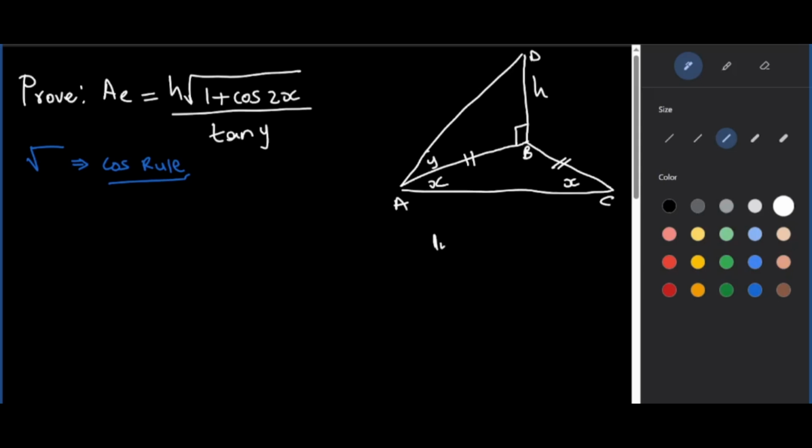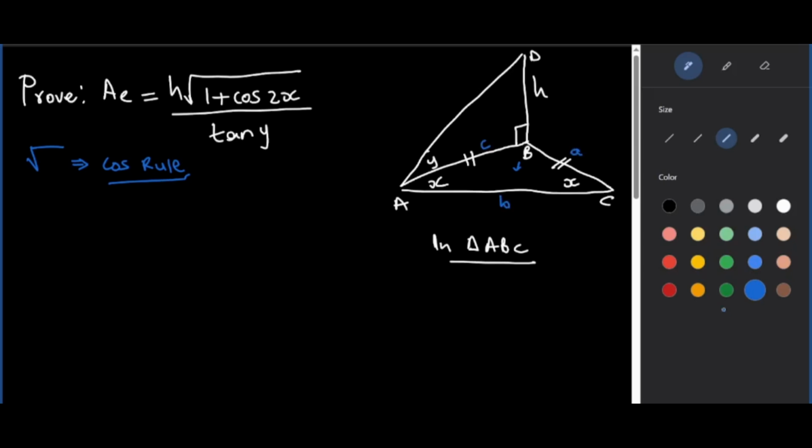So in triangle ABC, what do you have? We just have to look at this. Very, very important. We need to choose two sides and an angle. Since this is the cosine rule, this will be my small b, this is my small c, and this is my small a.